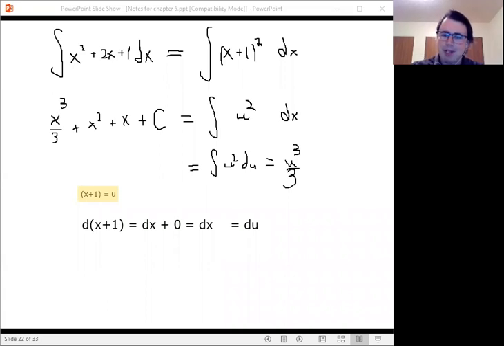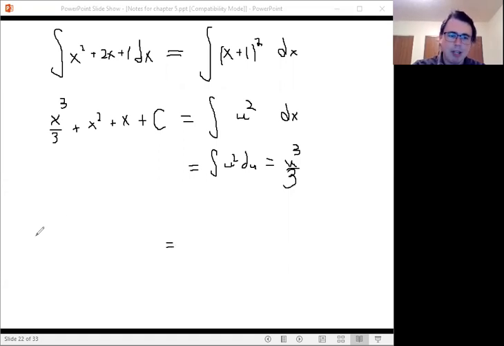How else can I compare these things if they're written as different letters? So let's take a look at that. On the left side, nothing has changed so far. In fact, I'm just going to leave the left side as I've already computed it. Again, this is x cubed over 3, plus x squared, plus x, plus a constant. And I don't know what that constant is.